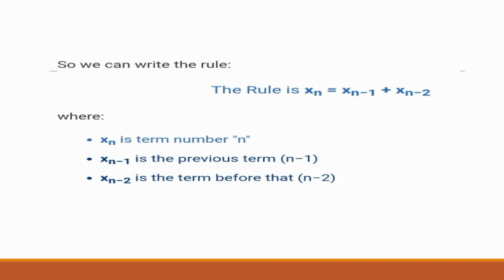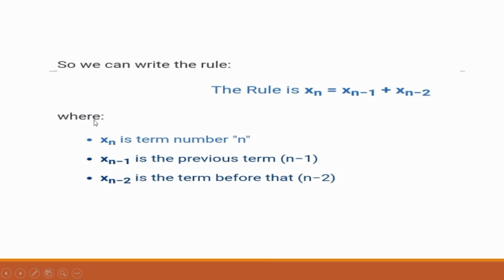So, yung formula natin, we can rewrite the rule. The rule is x sub n is equals to x sub n minus 1 plus x sub n minus 2. So, ito yung ating magiging formula or rule sa ating Fibonacci.